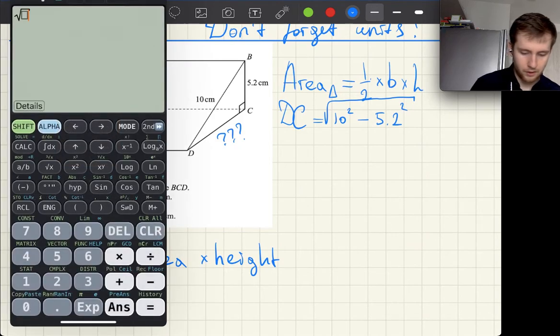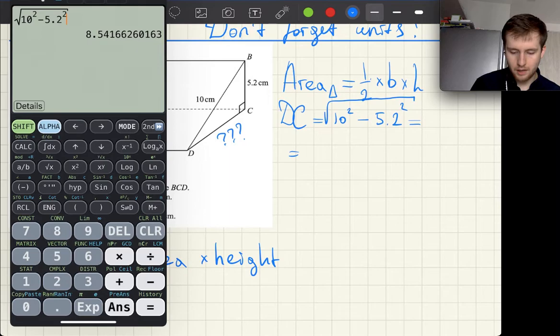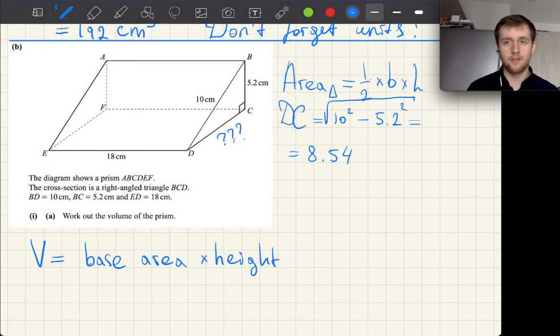Let's figure this out quickly. 10 squared minus 5.2 squared is 8.54. Just 2 decimal places is always enough.